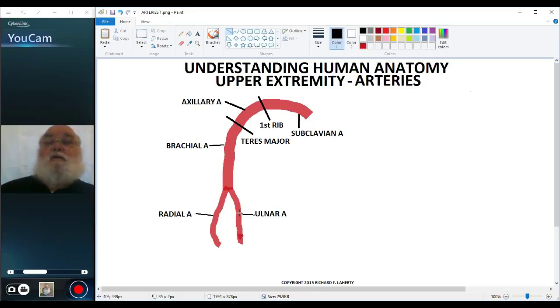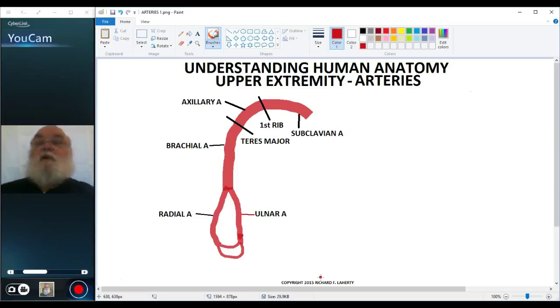Now, these two arteries interconnect distally via what are known as arches. There is a deep arch, and there is a superficial arch. Now obviously those are separated going into and out of the plane of the diagram.